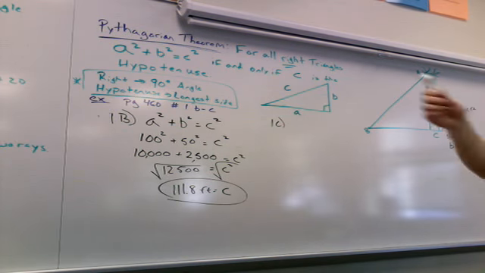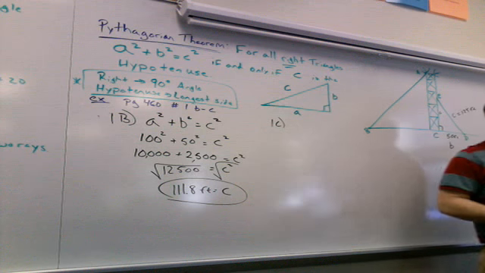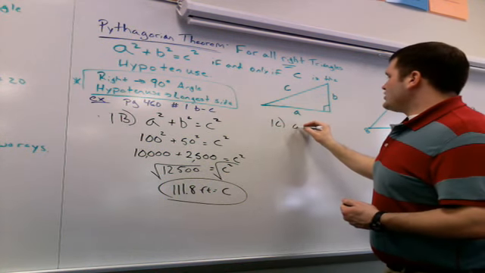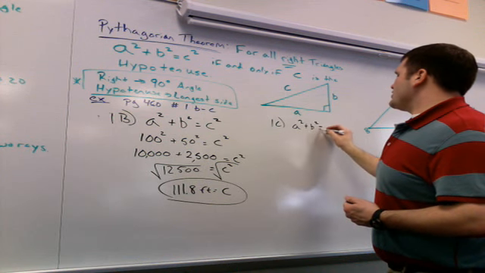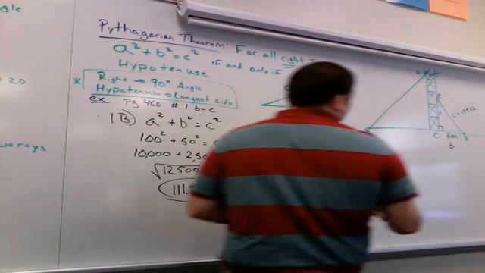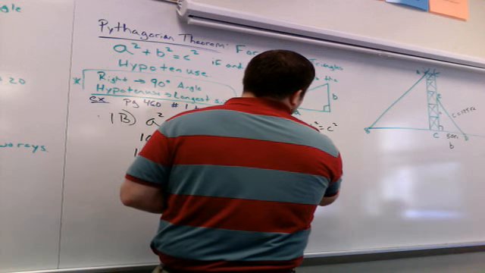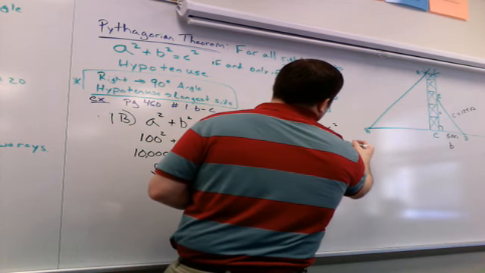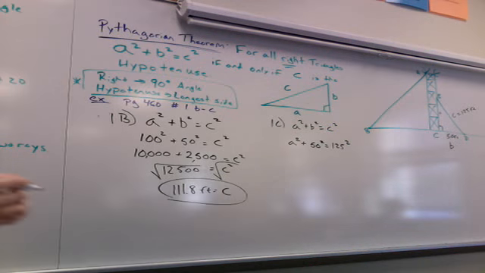No. Because this only works if c is the hypotenuse, right? Yeah. Right? So I still have to write it the same way. We still do a squared plus b squared equals c squared. And then when we plug in what we know, we get a squared plus 50 squared equals 125 squared.